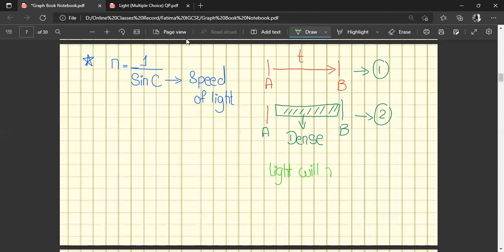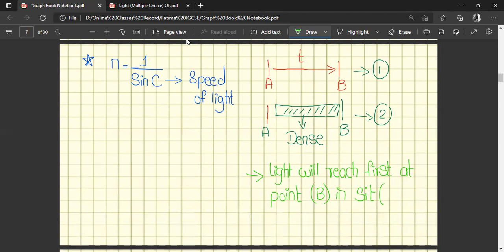Light will reach point B first in which experiment? First experiment or second? The first one?